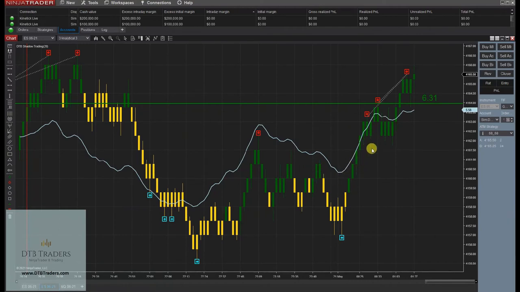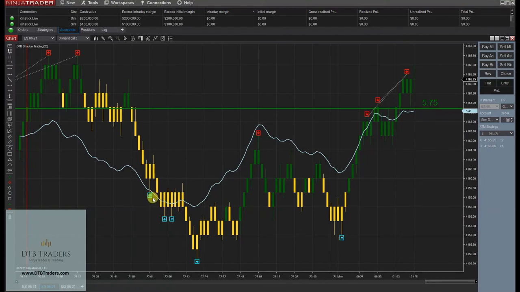When there are green bars on the chart, the buyers are currently in control of price. When the bars are gold, the sellers are in control of price. You're also going to have little buy and sell arrows appear on the chart. Once these arrows have formed, they will stay there. They're not going to repaint.